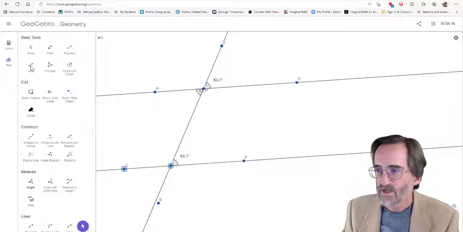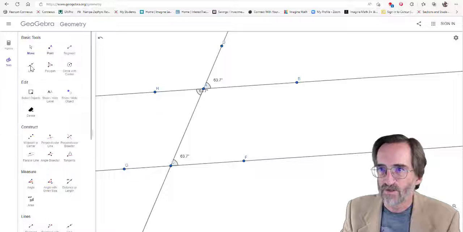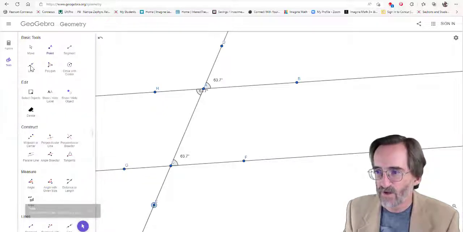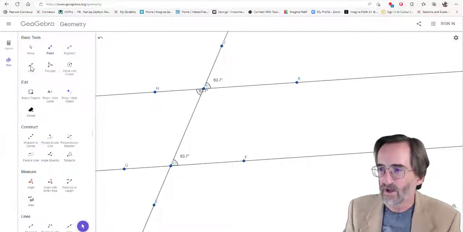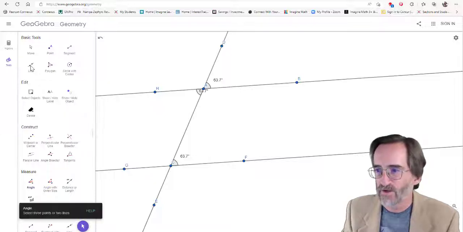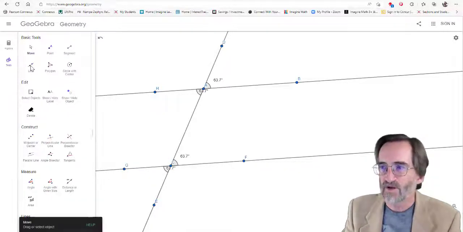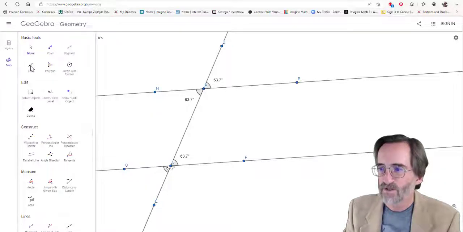GC, oh, that E is not on there, is it? It was constructed incorrectly here. There we go. All right, and let's measure the angle here. GCE, 63.7. So we've got four congruent angles.